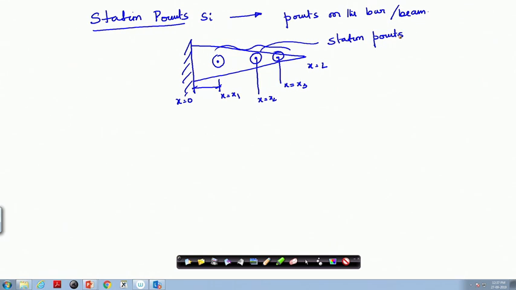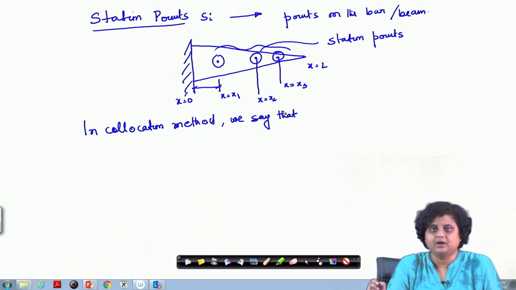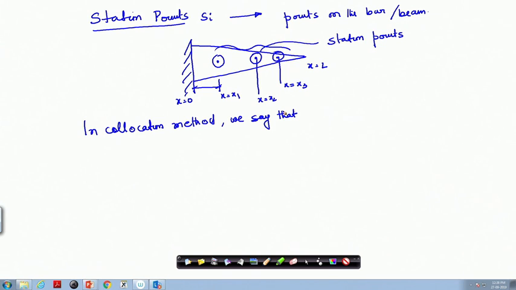Now, what happens is that in the collocation method, or interior collocation method, we say that the equation is getting satisfied at the station points.